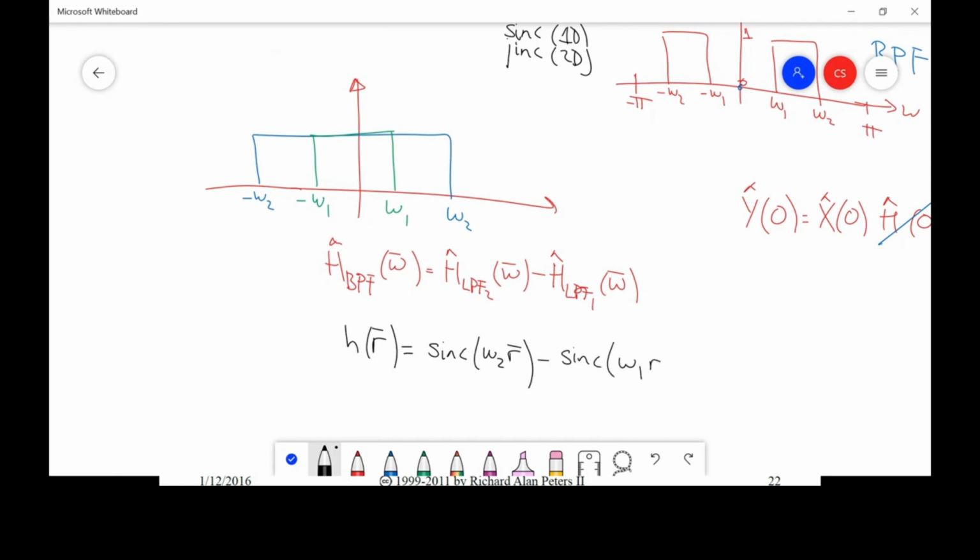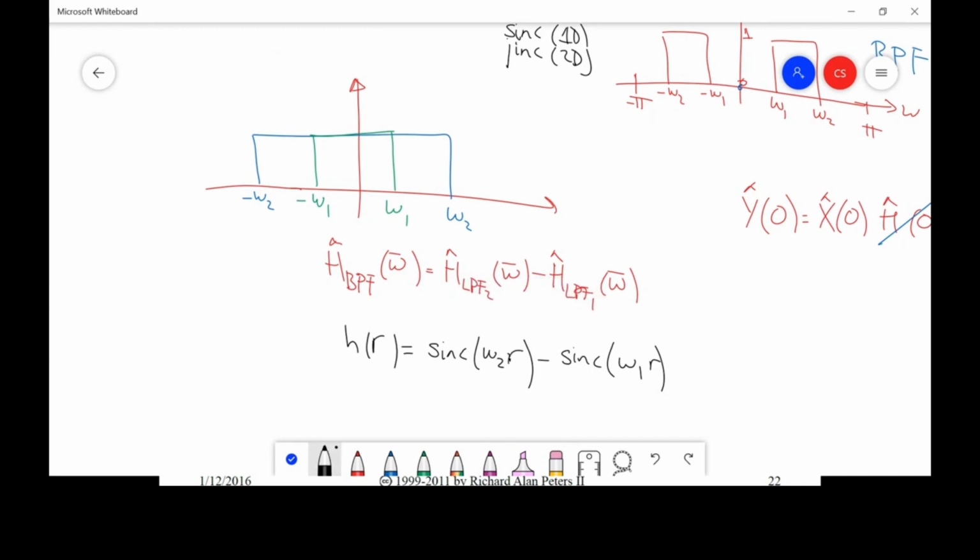Which one is wider? Let me remove the vector because we have done it in one dimension.